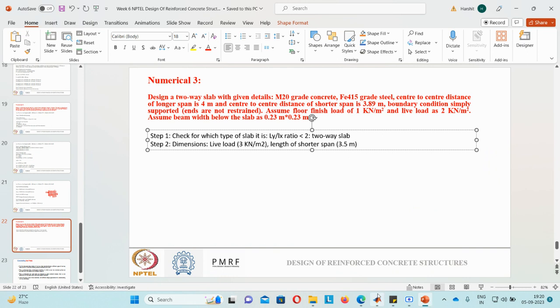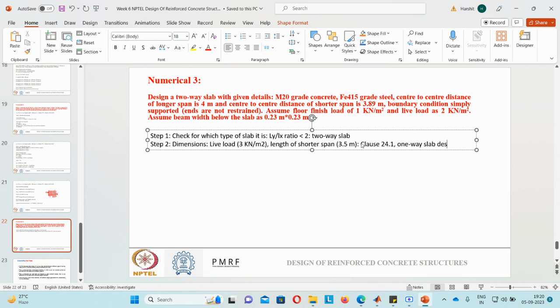If both of these conditions are fulfilled, then we go for clause 24.1, that is specially for two-way slab. If this is not fulfilled, then we go for the one-way slab clause. Okay, one-way slab design clause only.